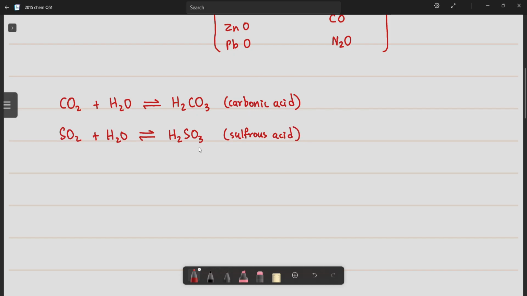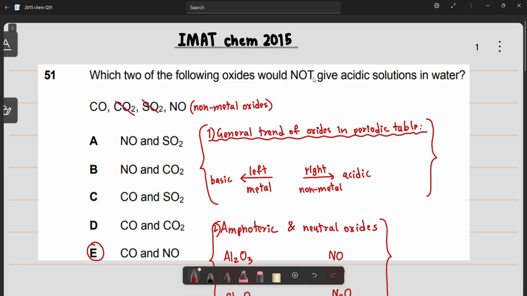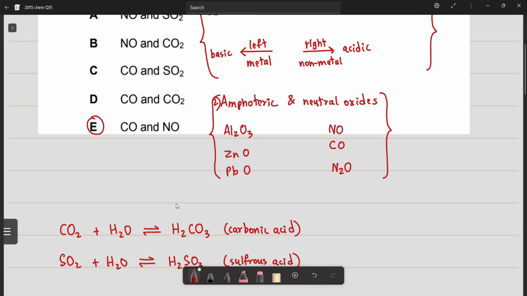Okay, so that's why these two oxides, when they react with water, form acidic solution, and the question mainly asks which do not form acidic solution. So these are the neutral oxides that do not form acidic solution, nor do they form basic solution. So that's why the correct option is option E, carbon monoxide and nitrogen monoxide.